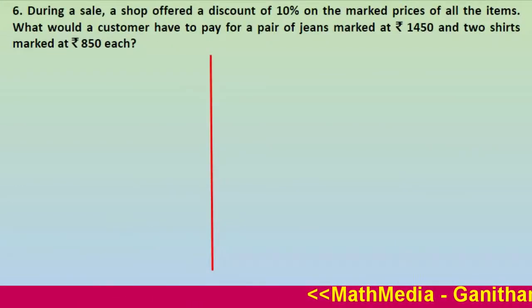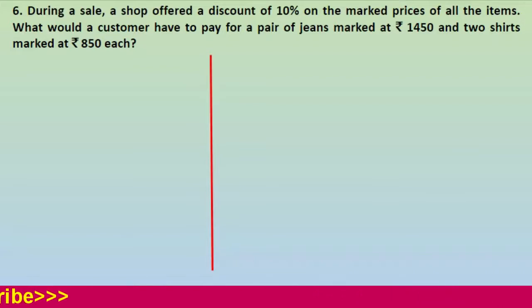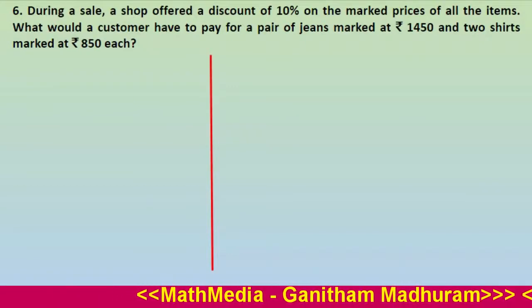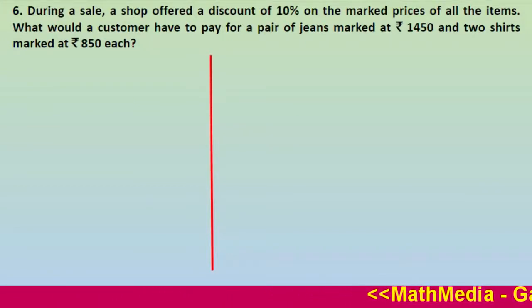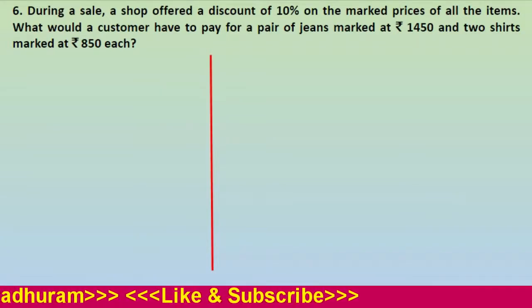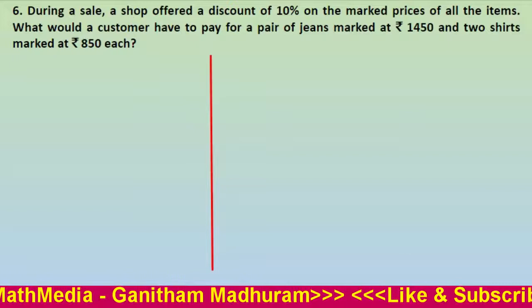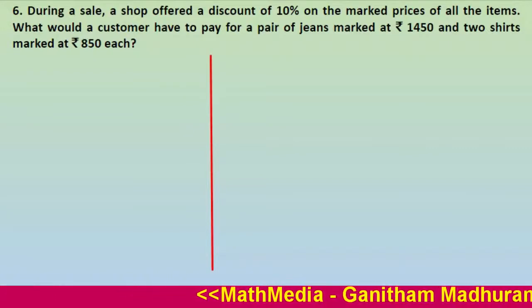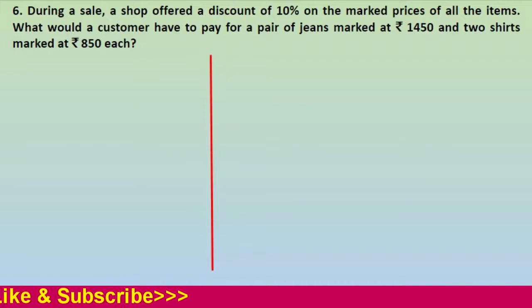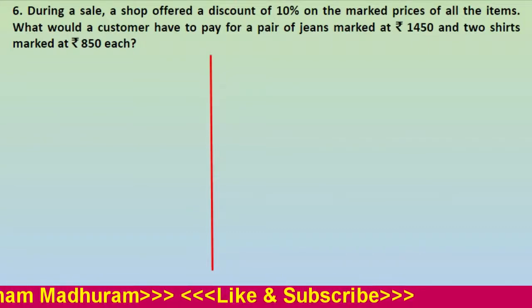Next question. For a sale, a shop offered a discount of 10% on the marked price of all items. What would a customer have to pay for a pair of jeans marked at rupees 1,450 and two shirts marked at rupees 850 each?